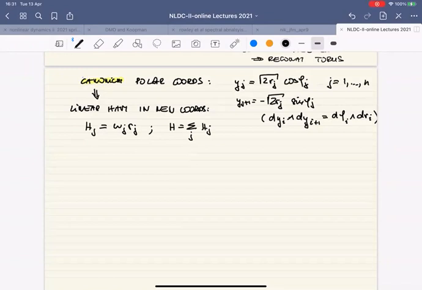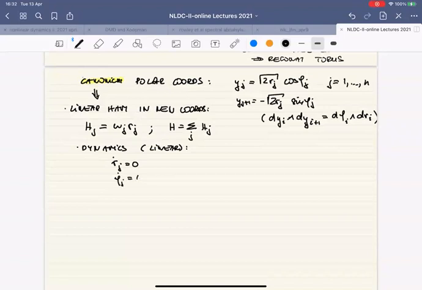And the dynamics in these coordinates, before I do anything, just the linear dynamics, just restates what we had before in another way. So it would say Rj dot equals 0. So the polar radius is not changing in time, and phi j dot equals omega j.